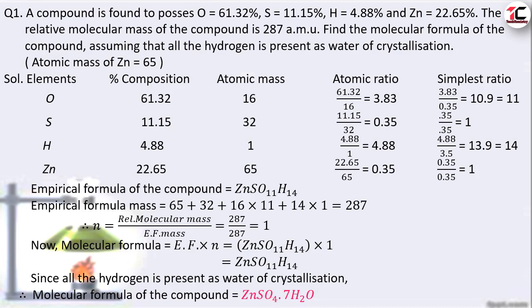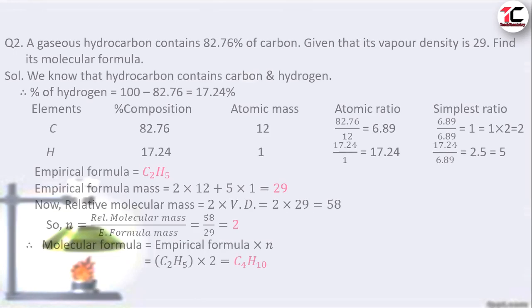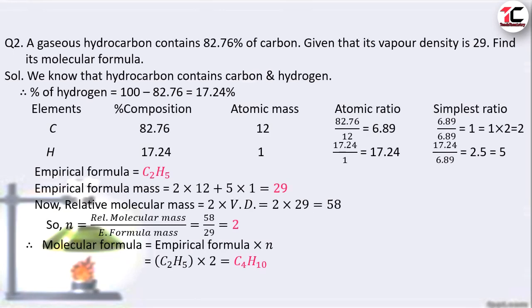Let us see the next question. A gaseous hydrocarbon contains 82.76% of carbon. It is given that its vapor density is 29. We have to find its molecular formula. Here the compound is hydrocarbon.